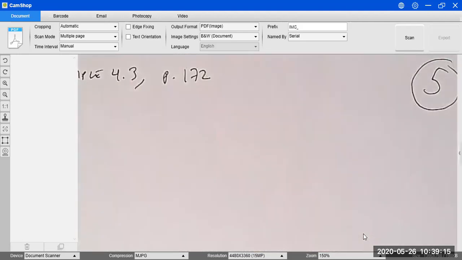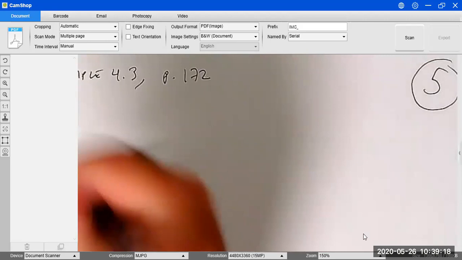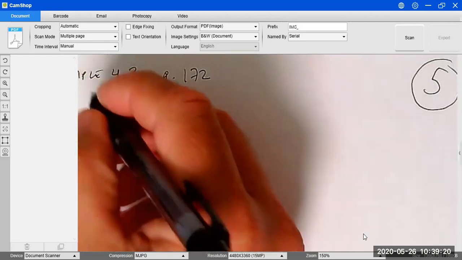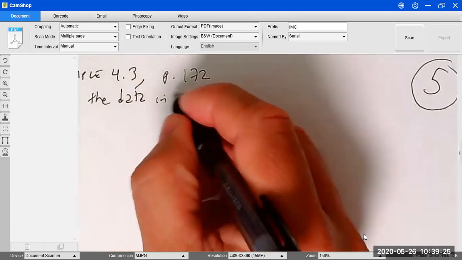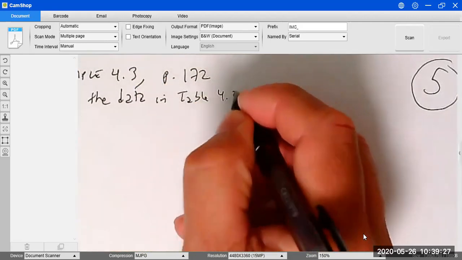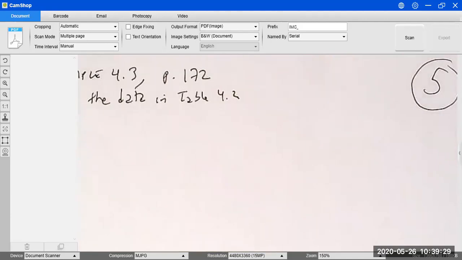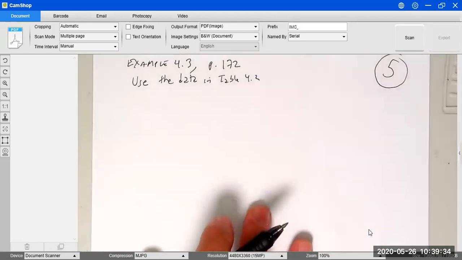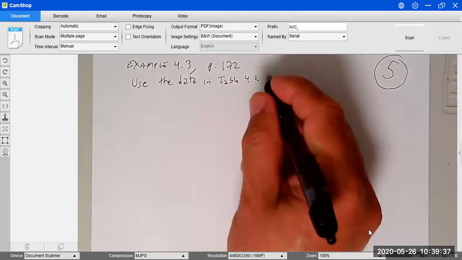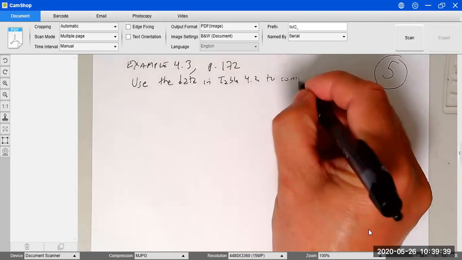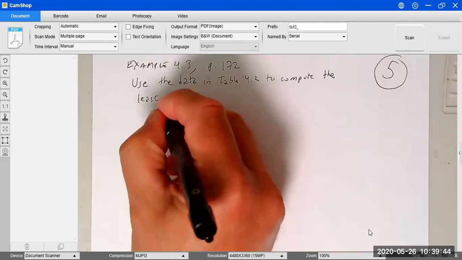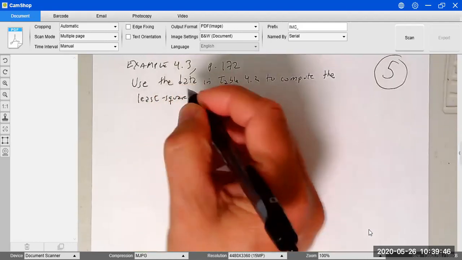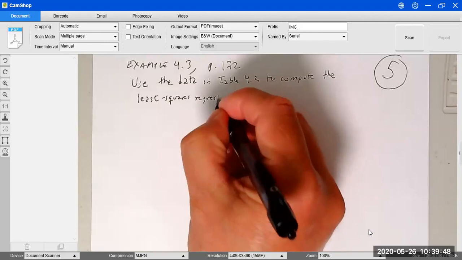So we have example 4.3. I'm going to write just what we're going to do. We're going to use the data in table 4.2 to compute the least squares regression line.